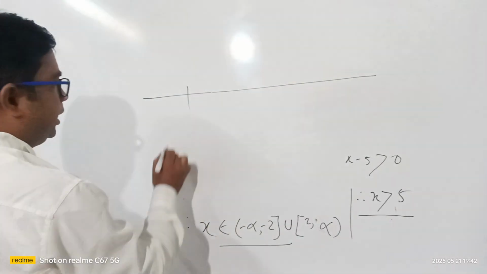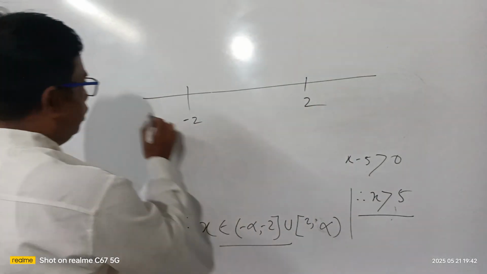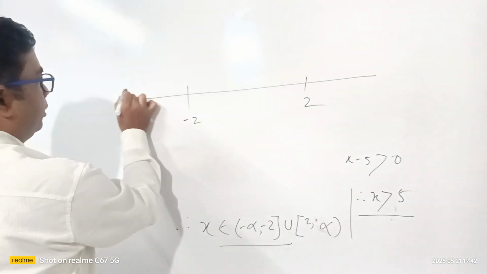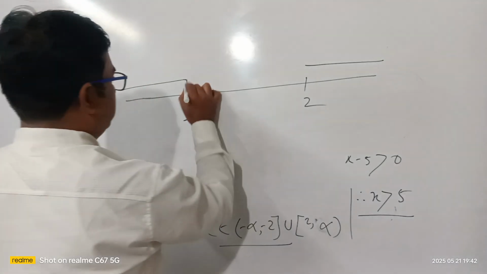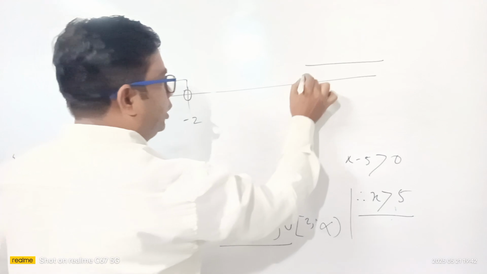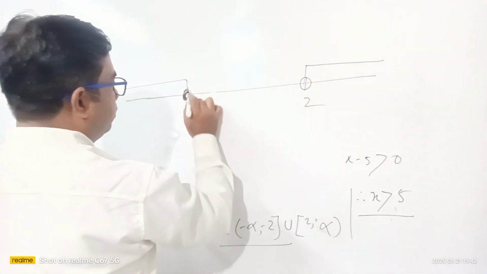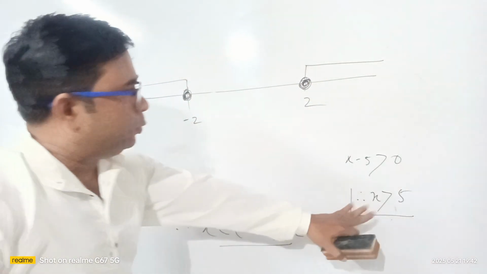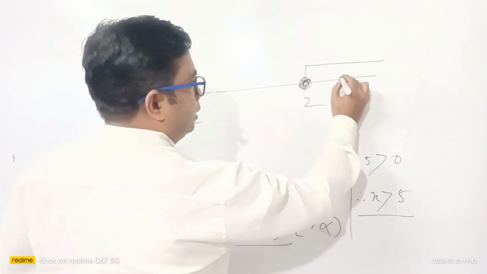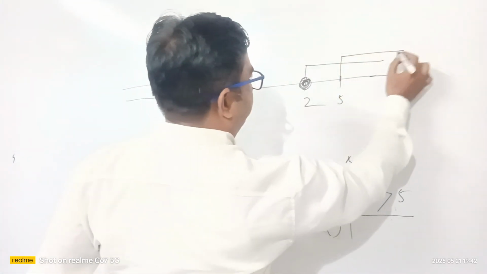For the first case, it is minus 2 and 2, so x is lying in this part, and this 2 is also there in the interval. And for this one, it is 5 to infinity. That means for this one, this is the interval.